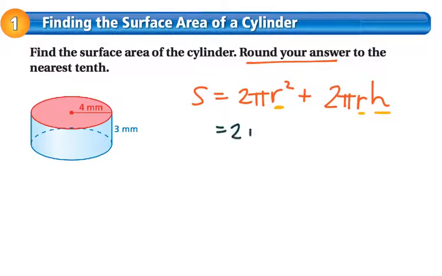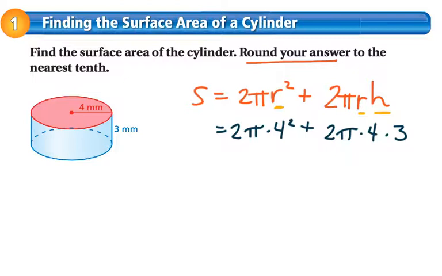So I'm going to take 2 pi times r, and in this case r is 4 millimeters, so we'll take 4 squared, plus 2 times pi times the radius again, this time times the height as well, which is 3 millimeters. Now, of course, you will want a calculator eventually to make sure that this work goes quickly, but we actually don't need it yet, and here's why.